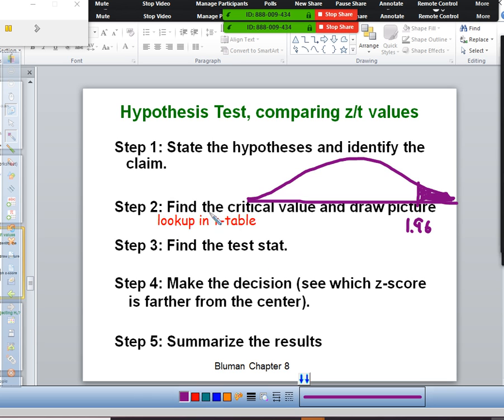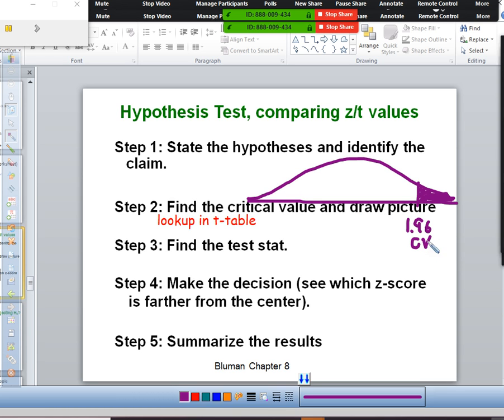Look up the critical value in the t-table or your z-table, which is the bottom row of your t-table, and then draw a picture. Put in your critical value, maybe label it, would be good, and make sure you shade the rejection region, because otherwise when you put in the test stat, it's going to be unclear what region it's in.